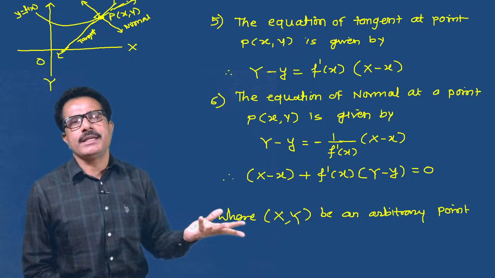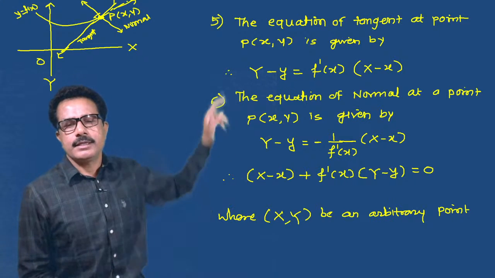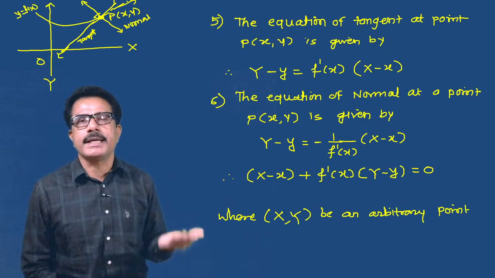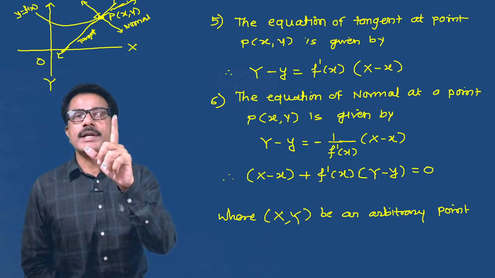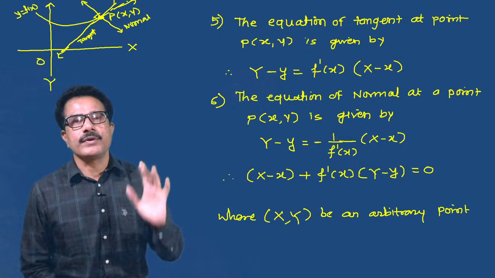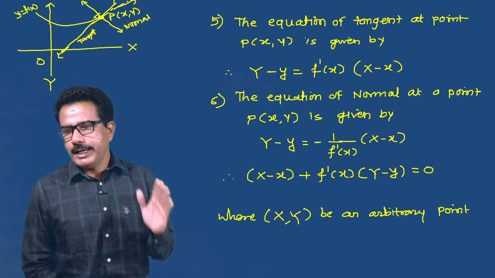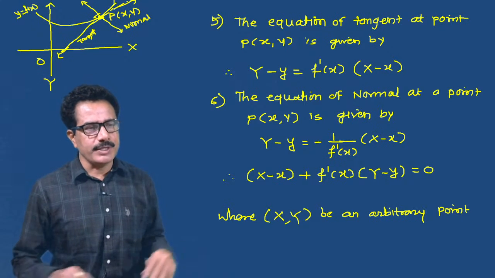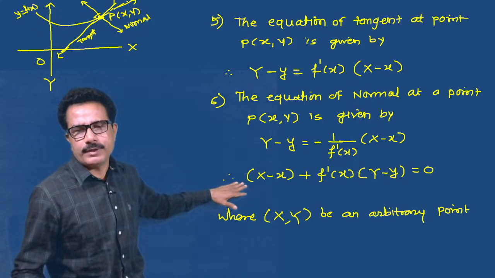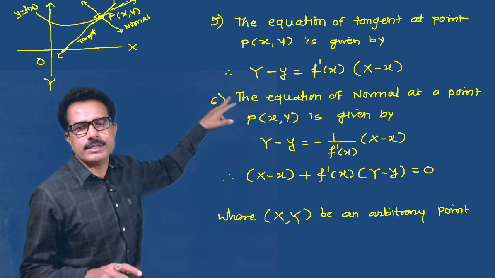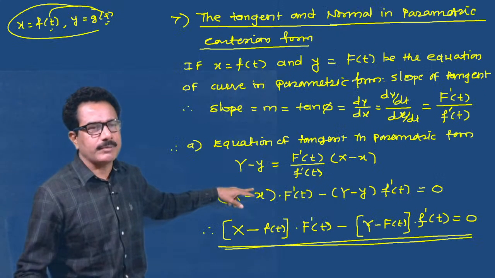Then we can write the equation of a tangent: capital Y minus small y is equal to f dash of x in a bracket capital X minus small x. Note that in this case, small x and small y are the point of contact and capital X and capital Y are the arbitrary point. Similarly, we can find the equation of a normal.